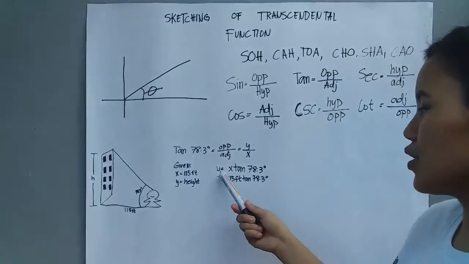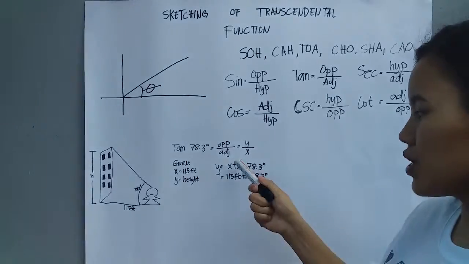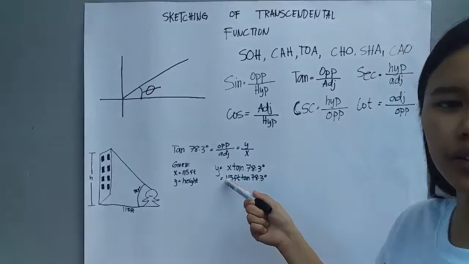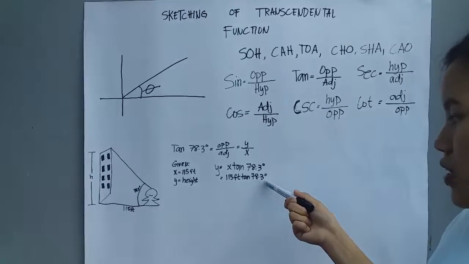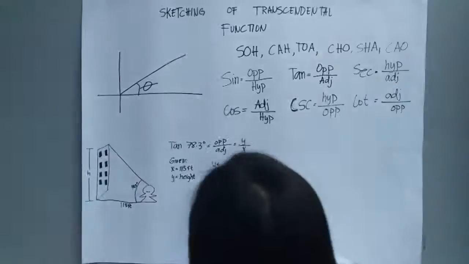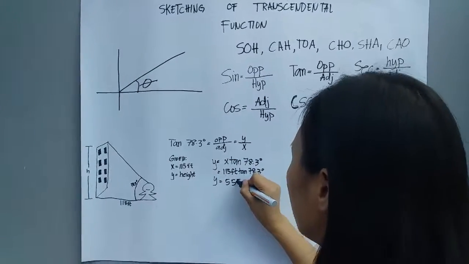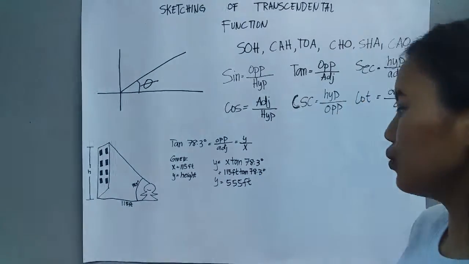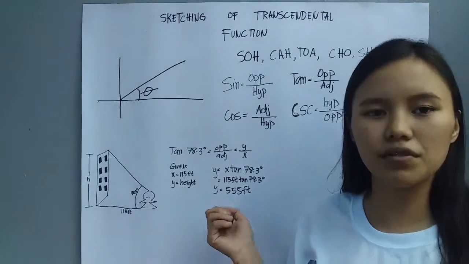Now we have y is equal to x tan 78.6 degrees, where x is equal to 115 feet, times tan 78.6, so y is equal to 555 feet. So now the height of this building is 555 feet.